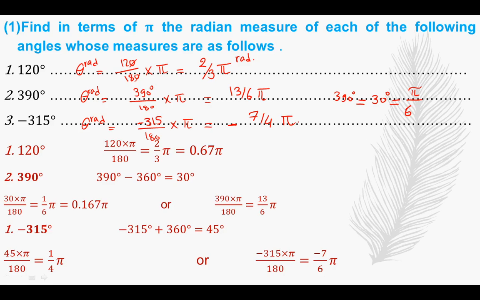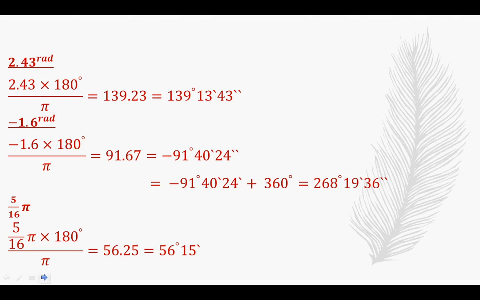Okay, let's check it again: negative 315 over 180 equals negative 7 over 4 pi. Let's fix it together. This is negative 7 over 4 pi. Okay, let's go to another idea.